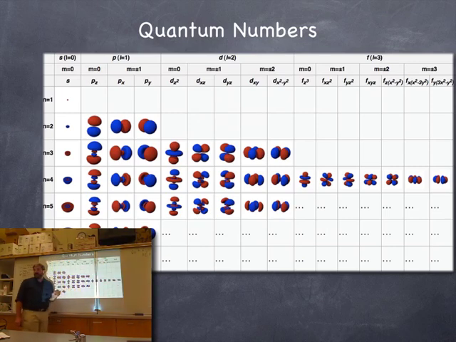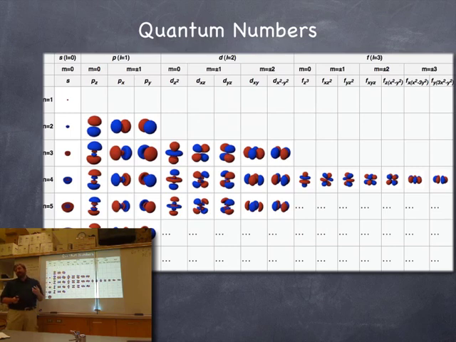And you can go L equals 4 for G and L equals 5 for H. Those things exist, because they're just regions in space around the atom. So they do actually exist. So the angular momentum quantum number is an integer value that you stick into the math that will generate this picture.